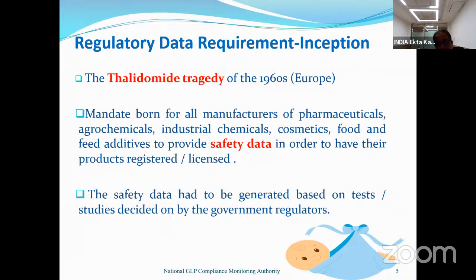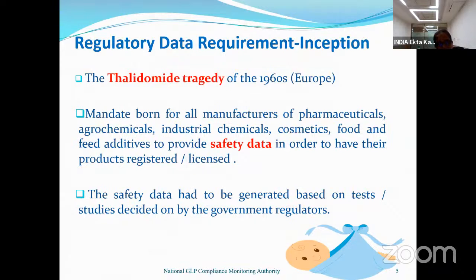So the babies that were born to these ladies were actually having malformed limbs. And this was alarming to the entire world, that how come all babies born in a particular country are having some deformities in their limbs.